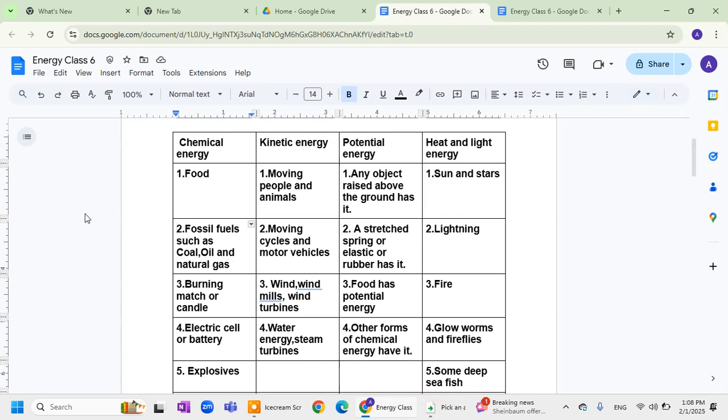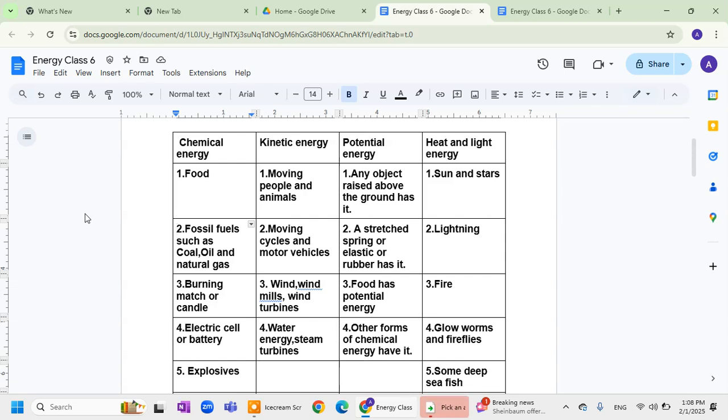For example, when water is running, that water has kinetic energy. Potential energy means hidden energy, and kinetic energy means moving energy.